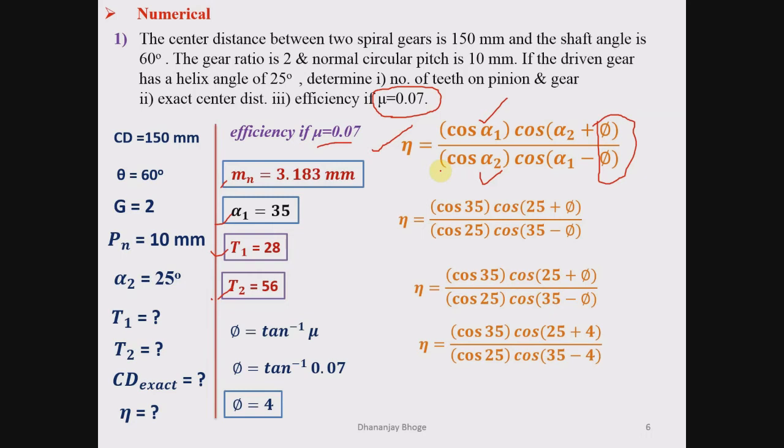What is the efficiency now? Cos of 35 into cos of 29 divided by cos of 25 into cos of 31.